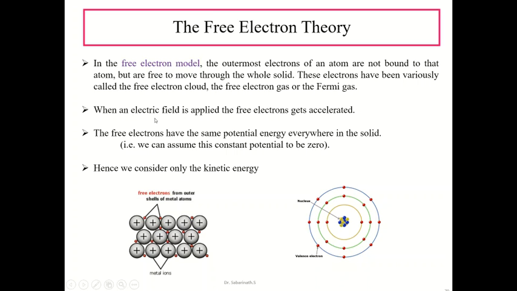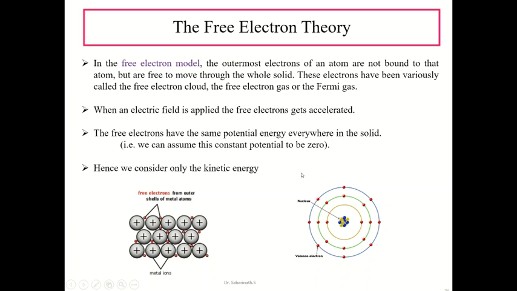So when an electric field is applied, the free electrons will get accelerated, and they will have the same potential energy everywhere in the solid, and we can assume this constant potential to be zero.